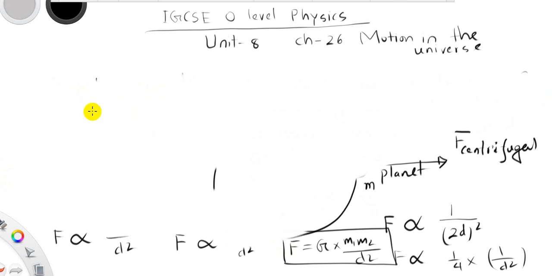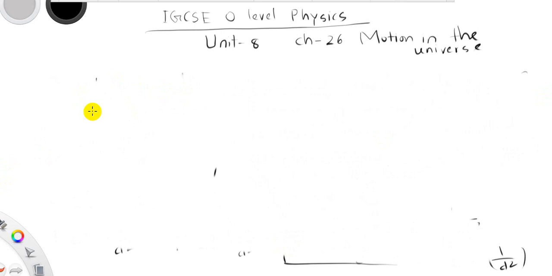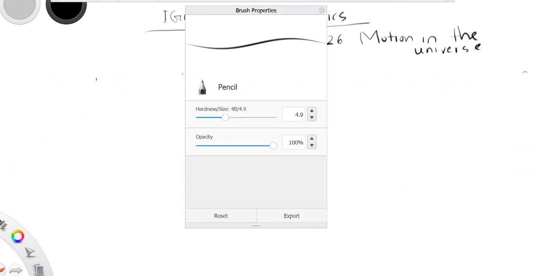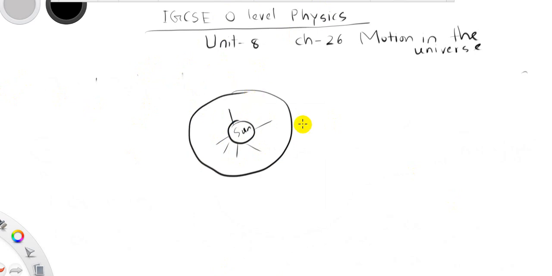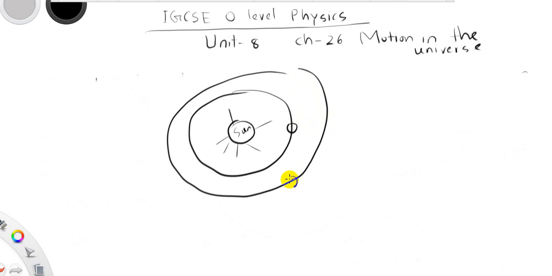So if it is the sun, and the first one is, say, Mercury, and the second one is Venus, second planet Venus.